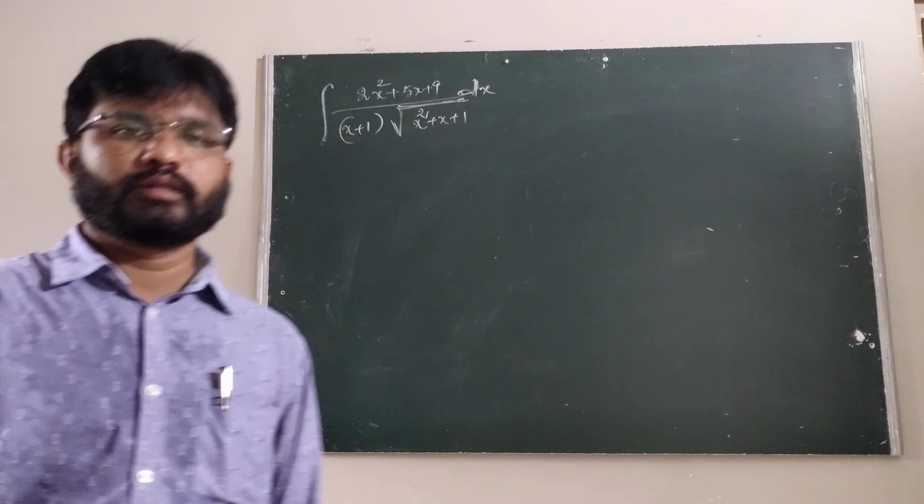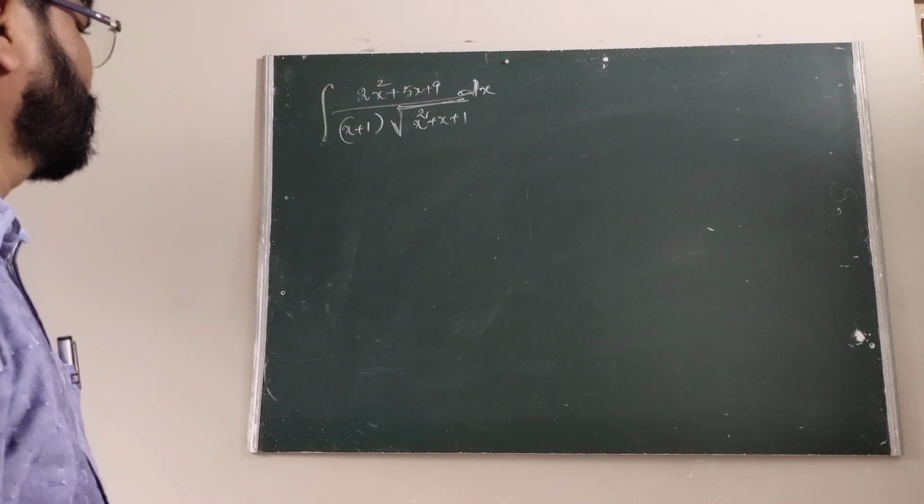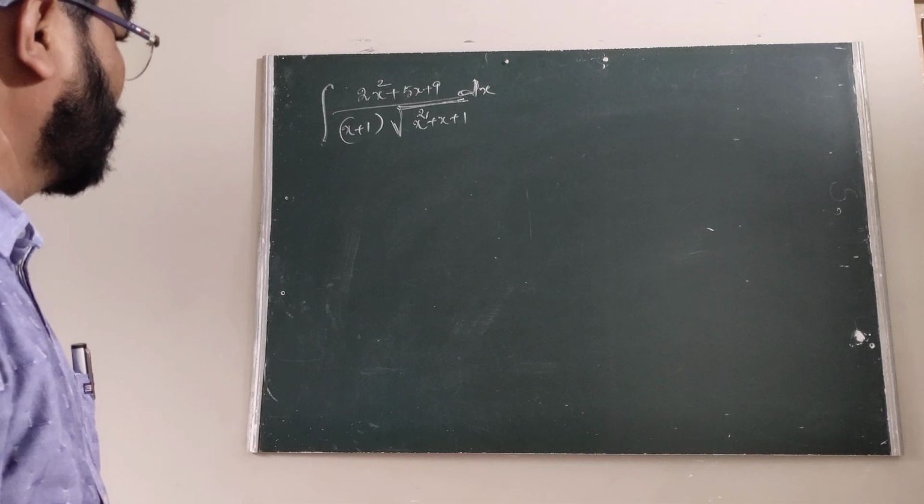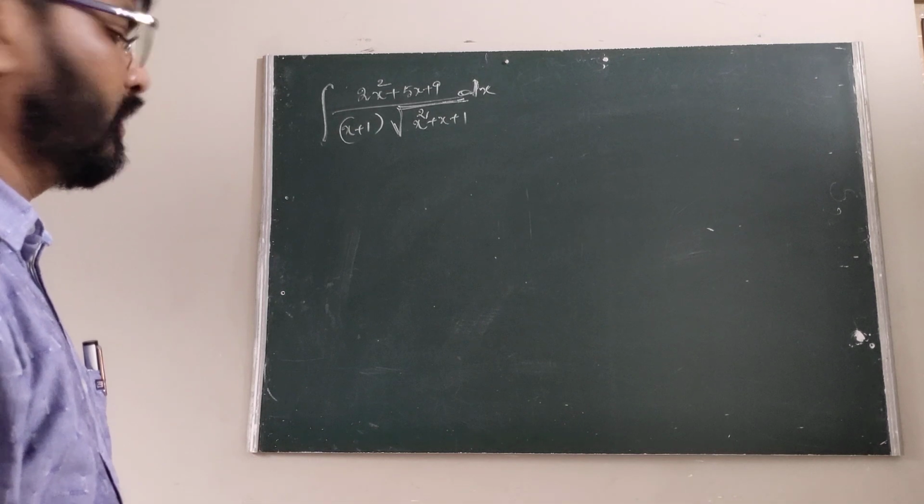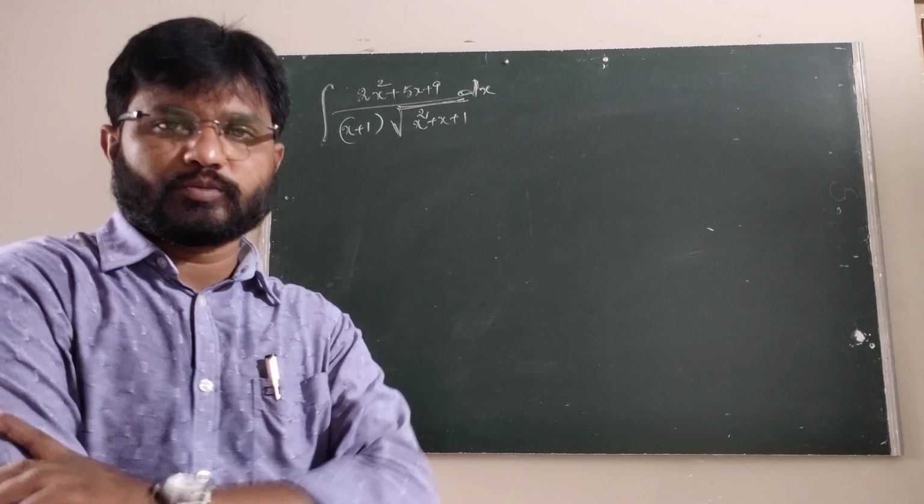Now evaluate the integral of (2x² + 5x + 9) upon (x + 1) into under root of (x² + x + 1).